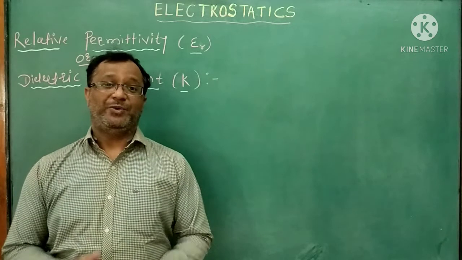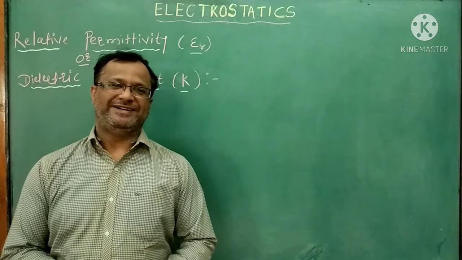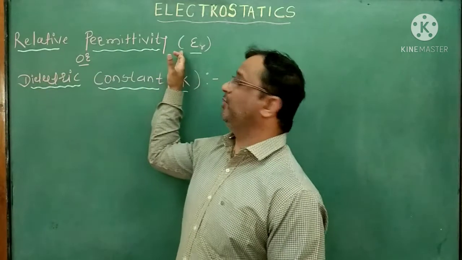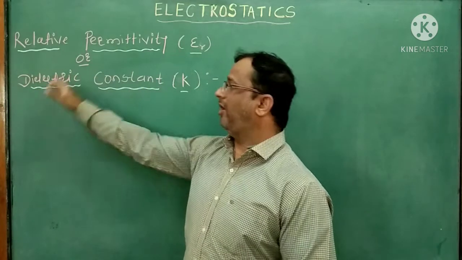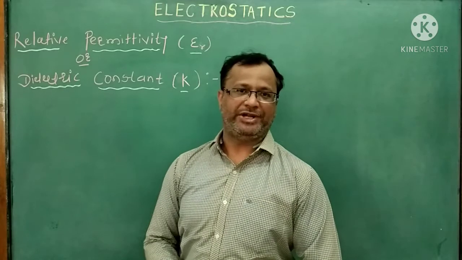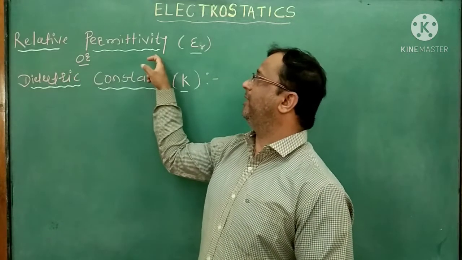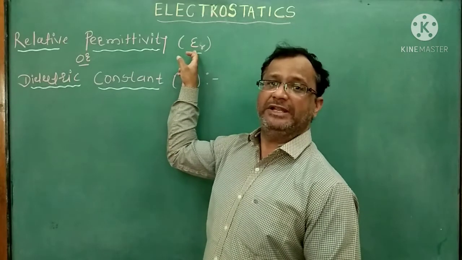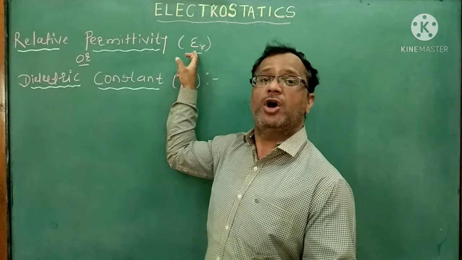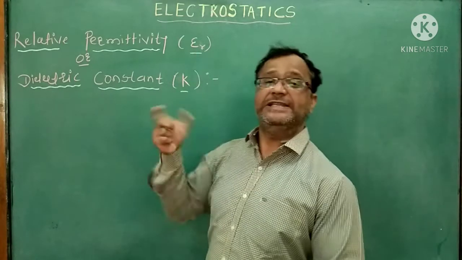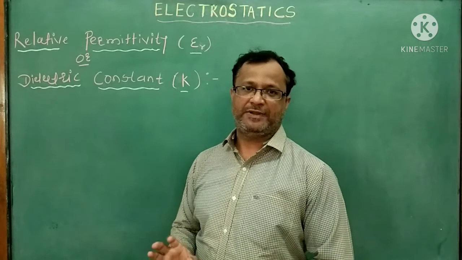Today we have to study the relative permittivity or dielectric constant. First of all, the relative permittivity is represented by the letter epsilon r, where r is a suffix, right?